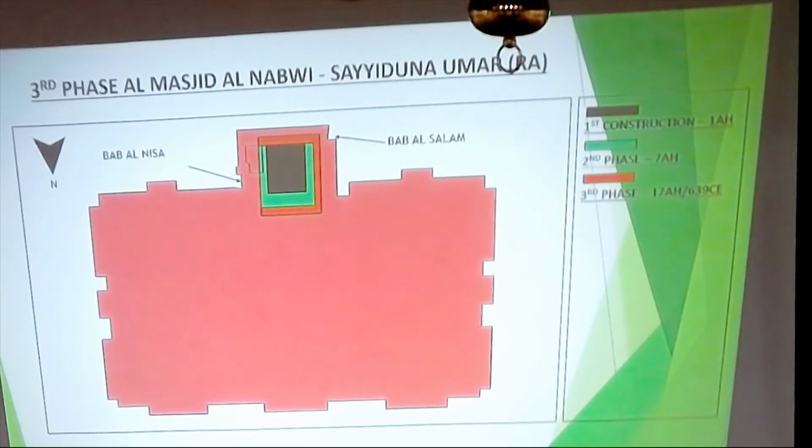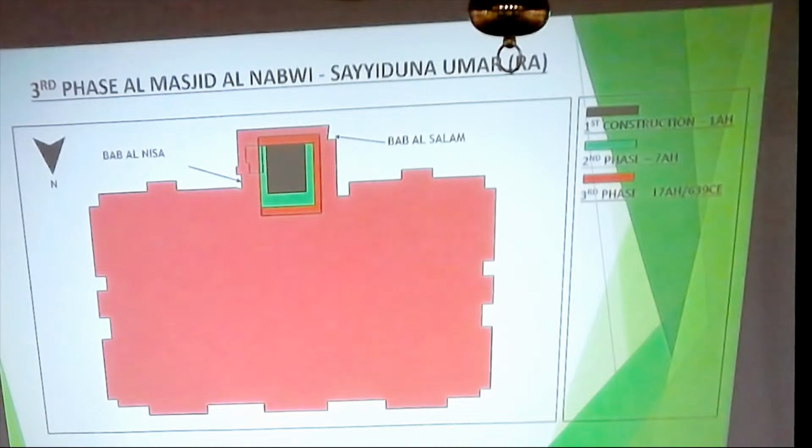And after around 3 years or so, during the Khilafah of Sayyidina Umar radiallahu ta'ala anhu, he increased the size of Masjid al-Nabawi in all directions except the eastern direction, because that would then come into the house of Aisha radiallahu ta'ala anha and the house of Ummahatul Mu'mineen, which are on the left hand side of the masjid when you face the Qibla.